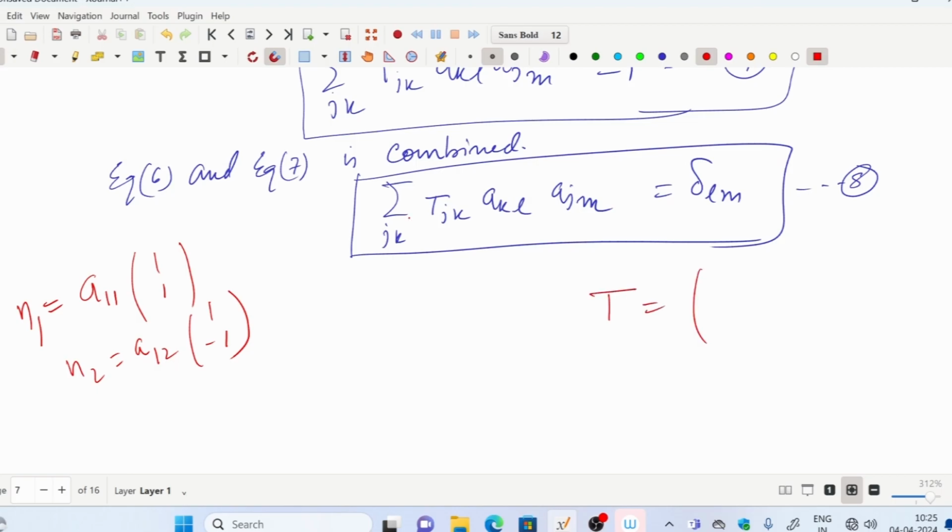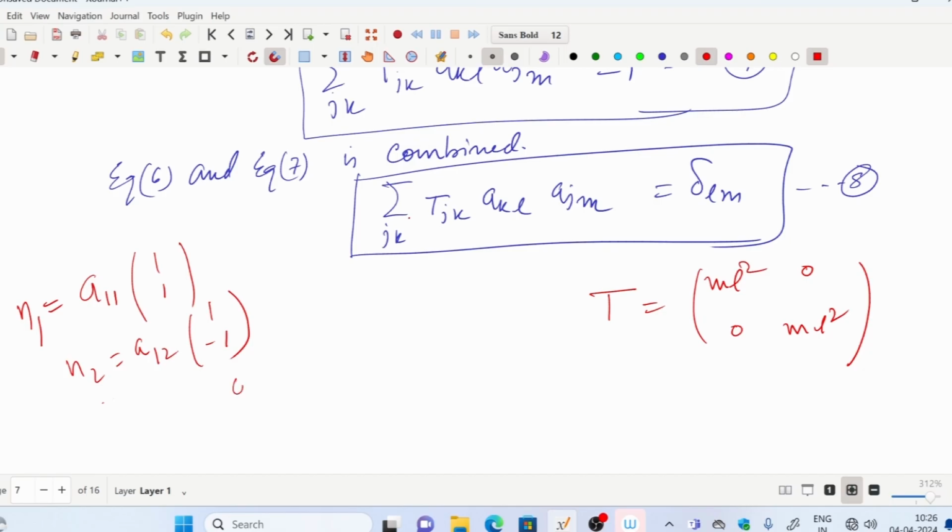You recall the T matrix was M L square 0 0 M L square. Okay. So, using this T matrix and equation 8, we can find A11 or A21 to find eta 1 and eta 2 completely. Once eta 1 and eta 2 are found, then we can immediately find our complete solution, the normal modes. Okay. So, let us do that.